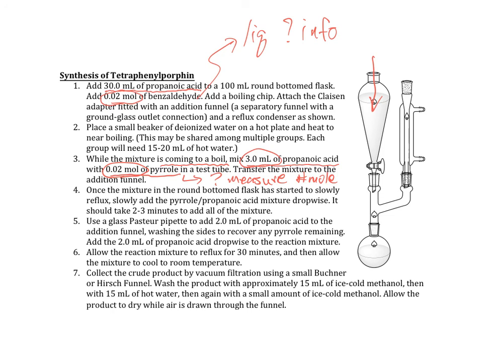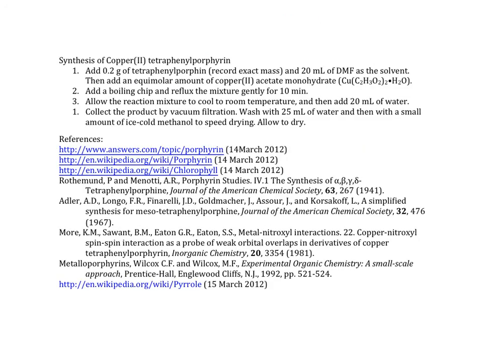Okay? So, the first part is making our tetraphenylporphin. And then we have to get a metal in it. So, to put a metal in it, to put the copper 2 in it, or possibly other metals, we will only use 0.2 grams of what you made. We hope you made more than that. Your theoretical yield should be more than that. So we hope you made 0.2 grams of your tetraphenylporphin product, right?